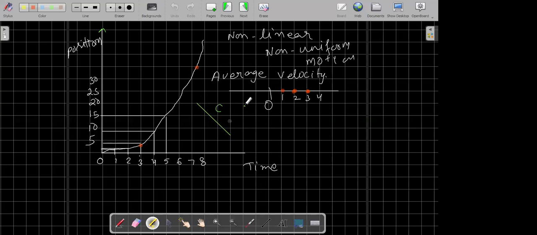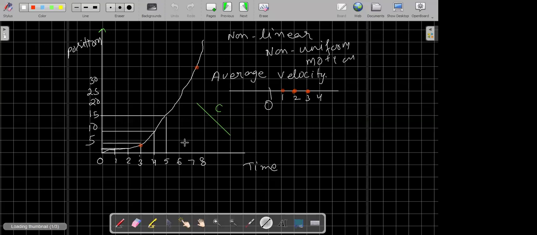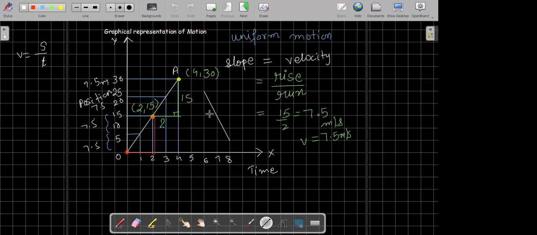A graph in the downward direction. In the position time graph, as long as you have a straight line, your acceleration will be 0. So you don't need to think about acceleration and retardation. Acceleration and retardation will be there when you have a non-linear graph like this. So in this graph, if you have a graph moving downward, it represents negative velocity.